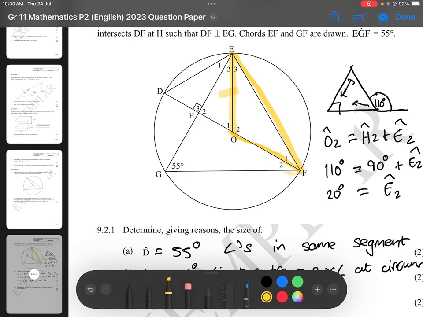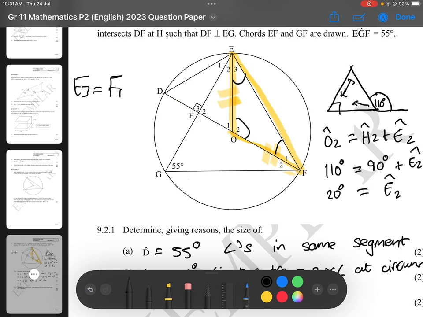So if I know that EO is equal to OF, I know that E3 is equal to F1, right? I know that E3 would be equal to F1 because of angles opposite equal sides.